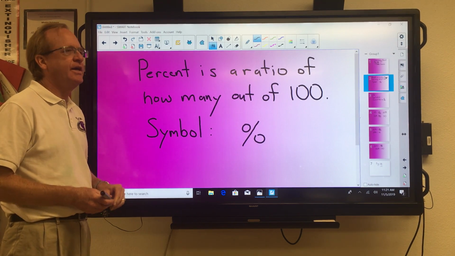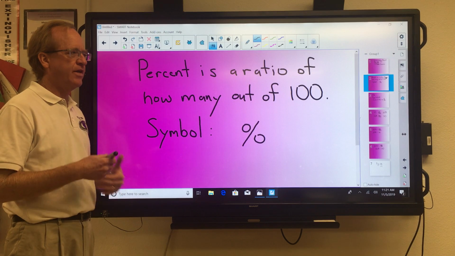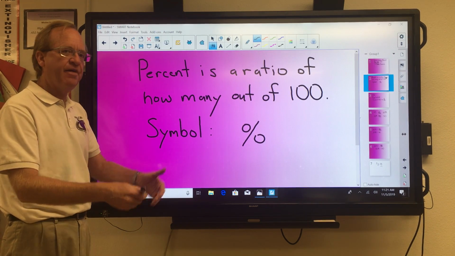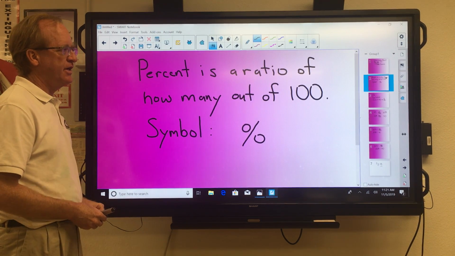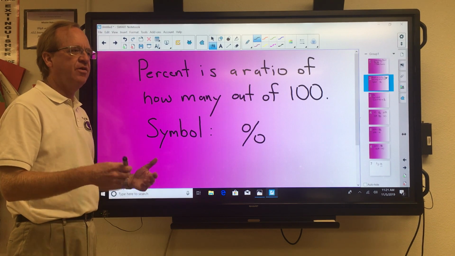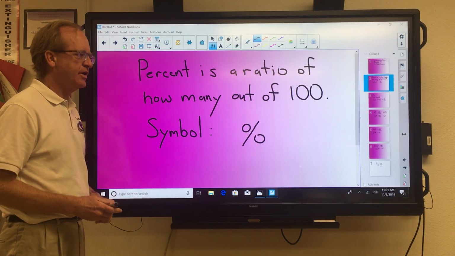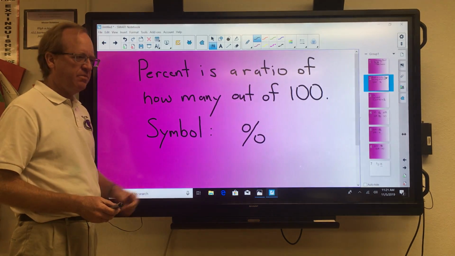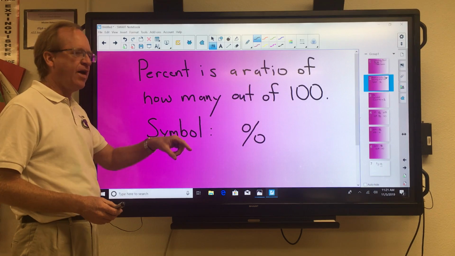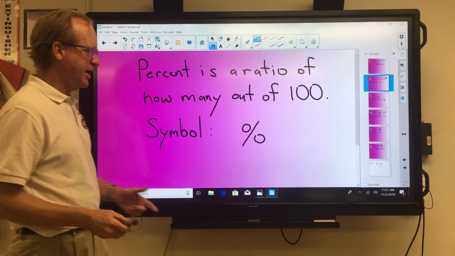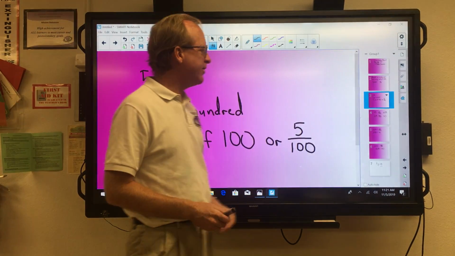So if I say 10%, well, that means 10 out of every 100. If I say 5%, that's 5 out of every 100. So if I said 5% of Americans chew gum, that means for every 100 Americans, 5 of them chew gum. And we'd have to figure out how many Americans there are.